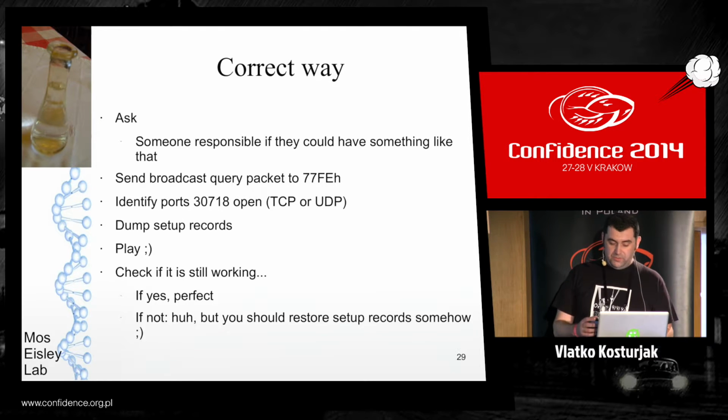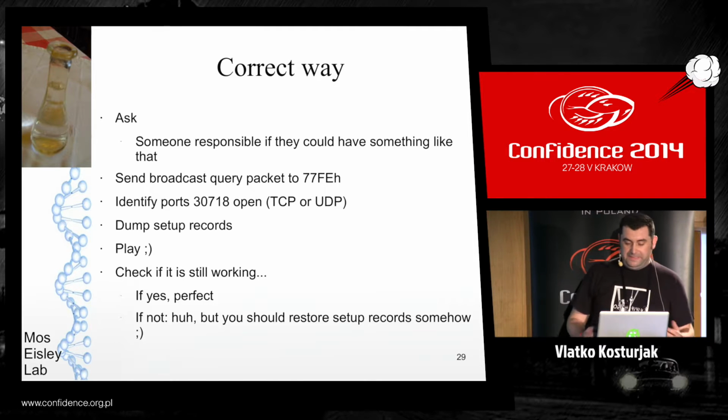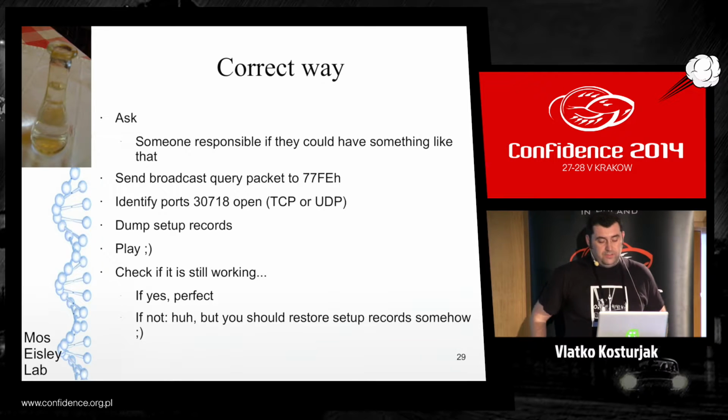I made it in the tools so you can send broadcast packets to it, get all the answers once on the subnet and know if there's any device. It's quite useful if you're testing, I don't know, air conditioning systems or alarms and so on.